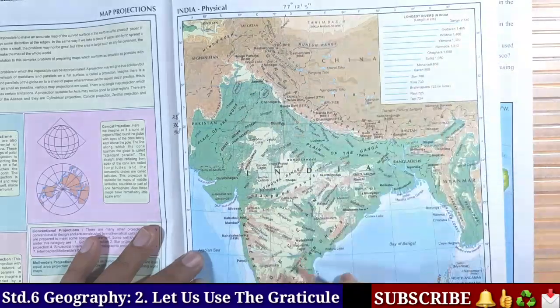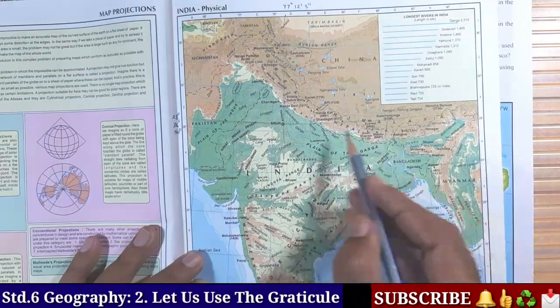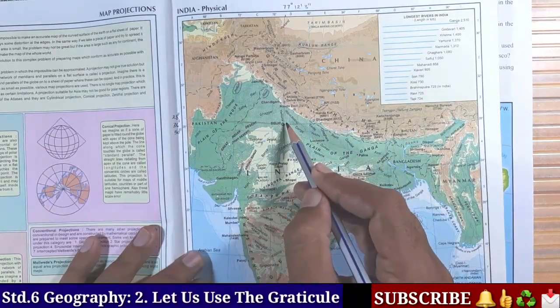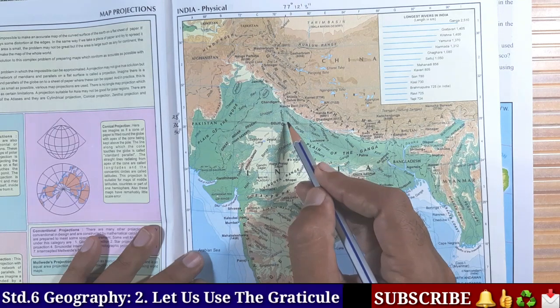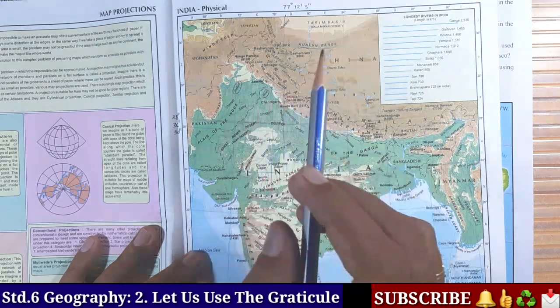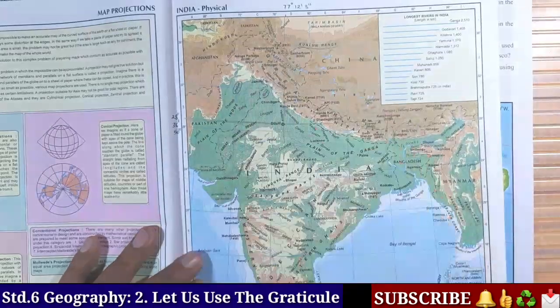Okay students, this is the longitude, this is latitude. So in this way we can locate Delhi or any particular region on the map. To locate a particular region we can use one parallel and one meridian.